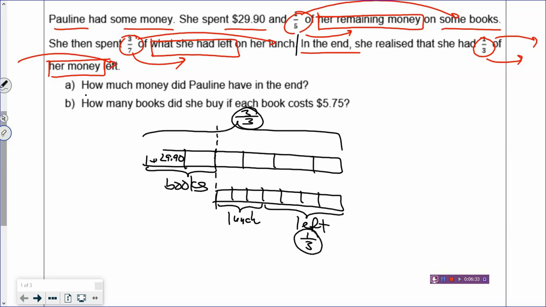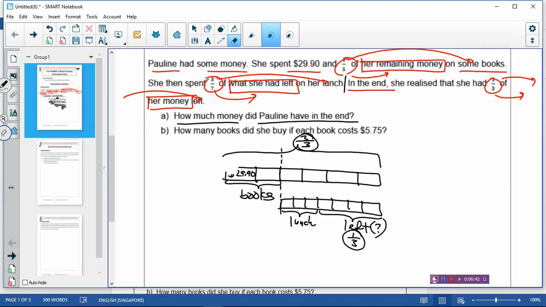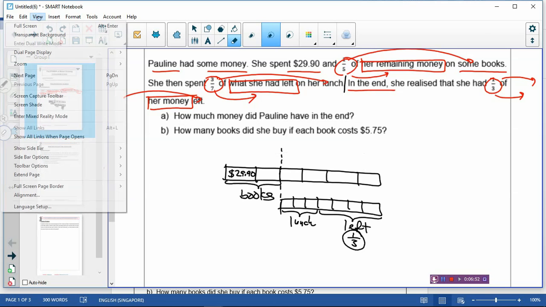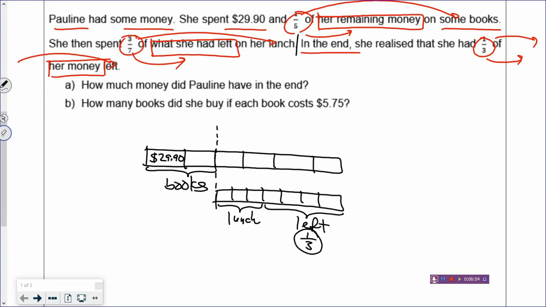So how much money did Pauline have in the end? So that is to find the leftover. Question mark. Okay, so how much money did she have in the end? So your question mark, where is the question mark? This is 3/3, right?